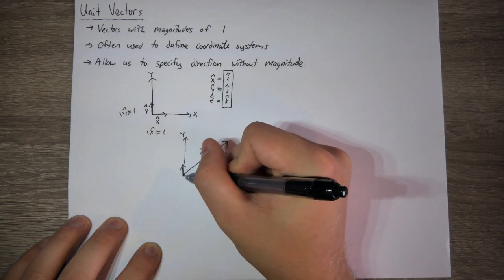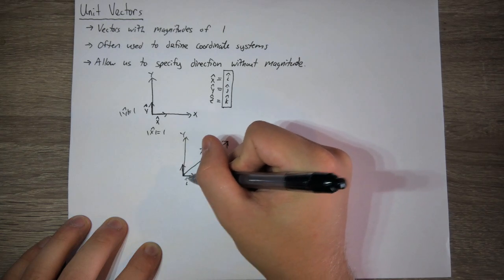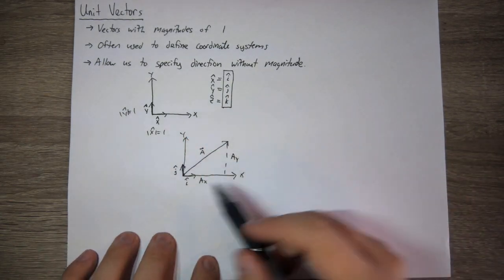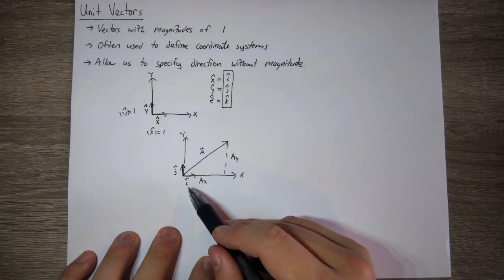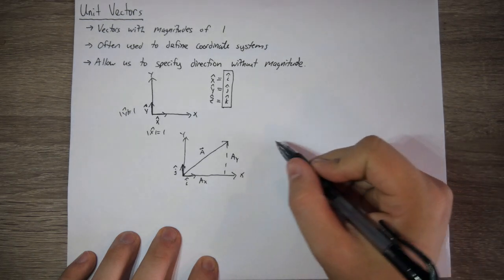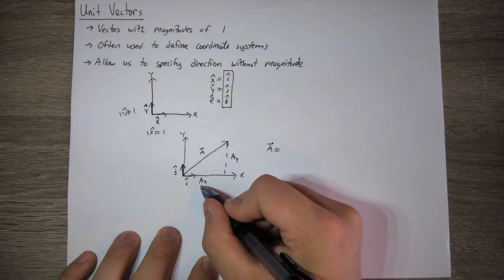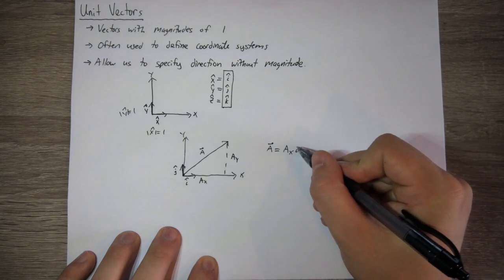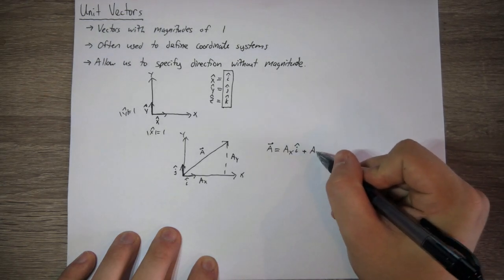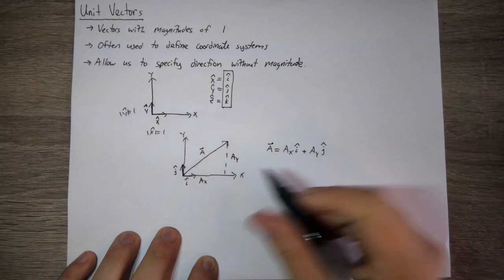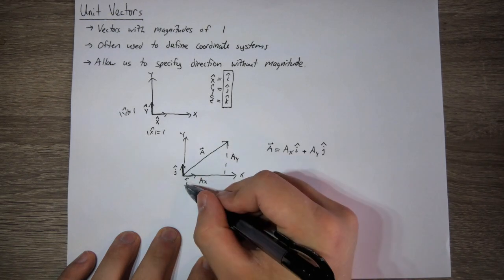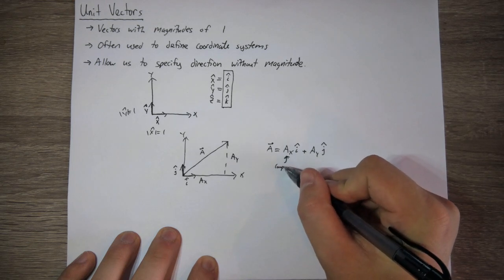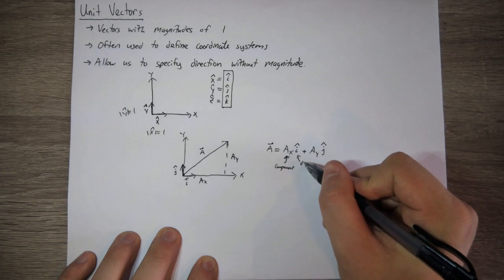So we can define these unit vectors along the coordinate axes, which allows us to express our vectors as a vector sum, like so, of our components, so our scalar value component, and their direction. That's a nice way to look at this, because we're basically splitting our component and our direction.